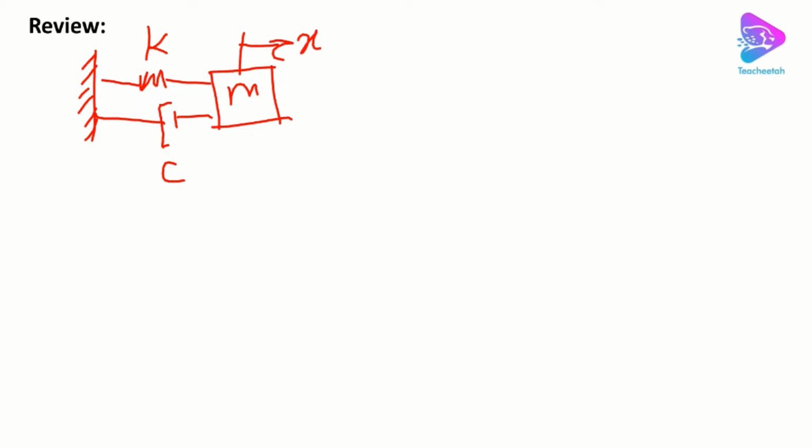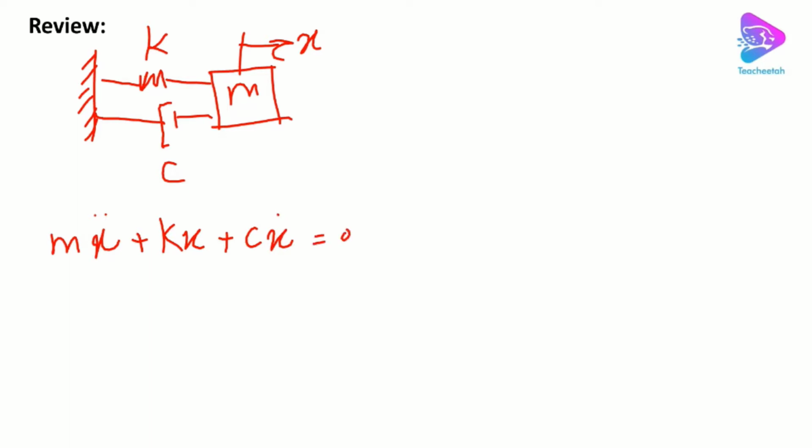Because of an initial condition, whether it's a velocity or a displacement, we have vibration in the system, and the system stops because of the existence of damping, right? So the equation of motion is m x double dot plus c x dot plus k x equal to 0.